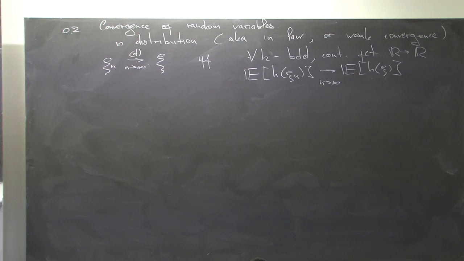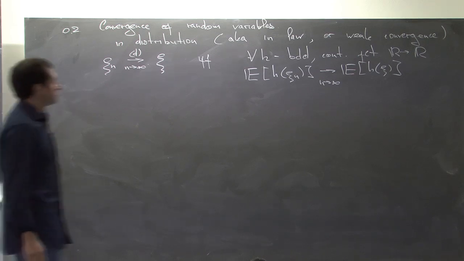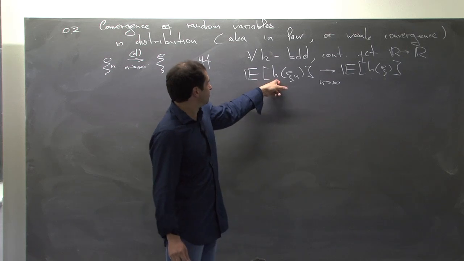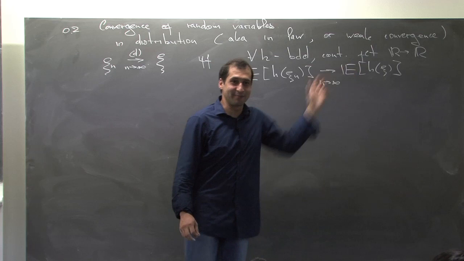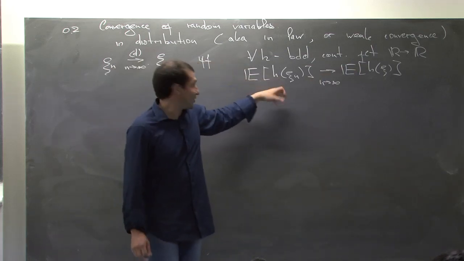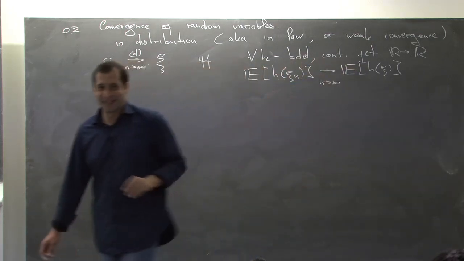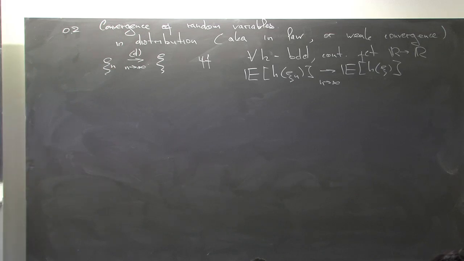So you can think about, for instance, just the function which is a constant, then this is a meaningless statement. I mean, if the function is constant 1, then it indeed converges to 1. But of course you can think about more interesting functions.